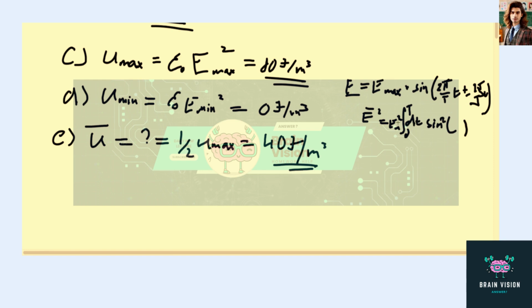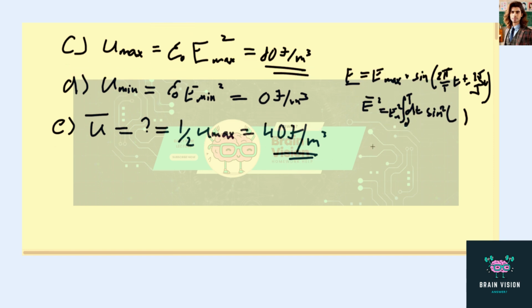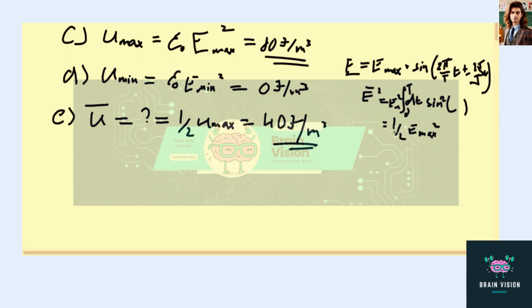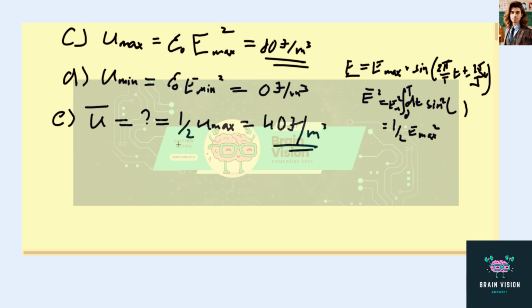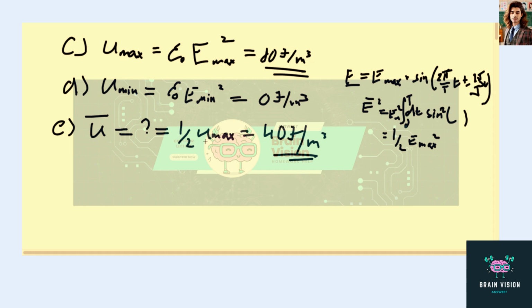If you work this out, this is just a half times E max squared. This is the reason why the average energy density is half of the maximum energy density.